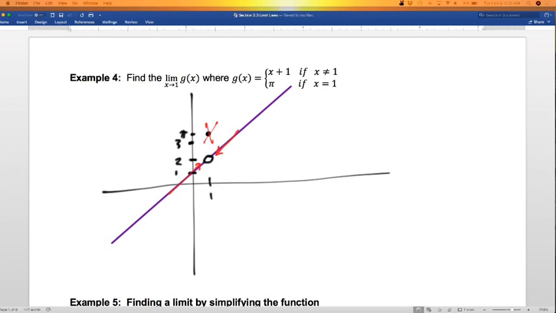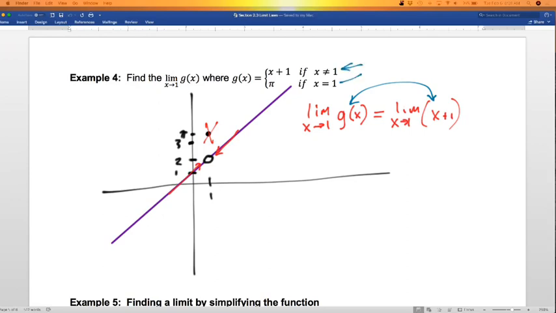But what that last property says is that the limit as x approaches 1 of g of x is equal to the limit as x approaches 1 of the new function x plus 1. Because g of x and x plus 1 are equivalent functions except for at that one point, except for at this value right here. And since that's their only difference, their limits there are going to be the same.